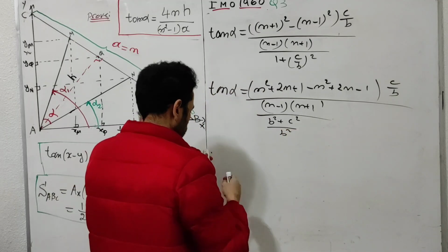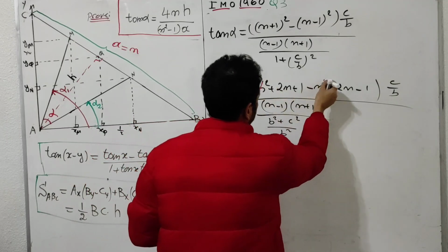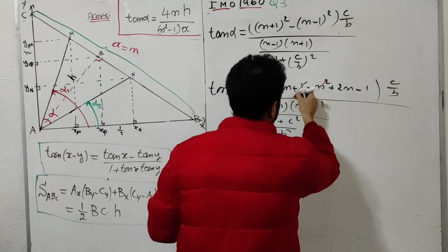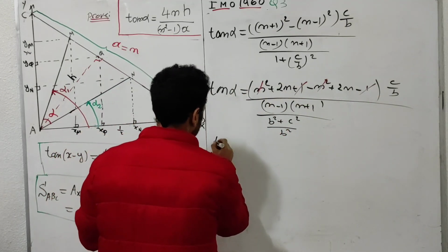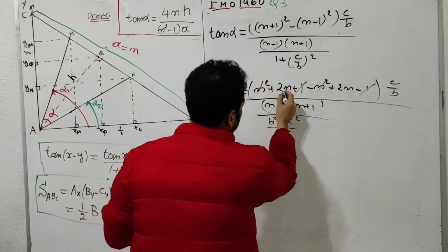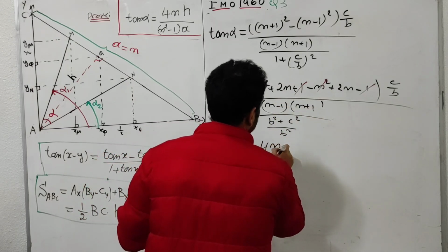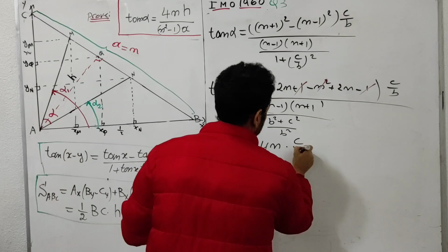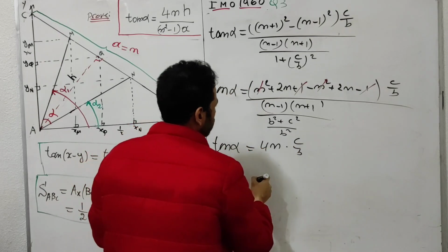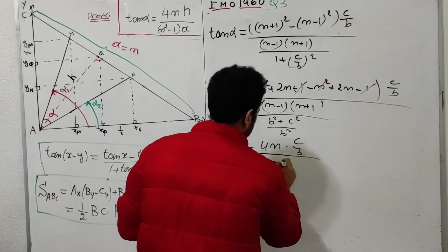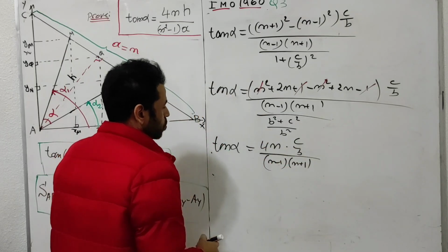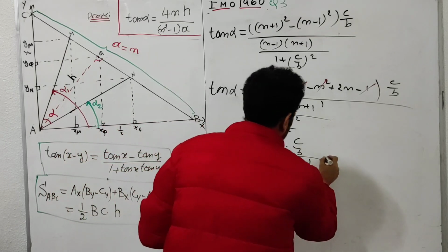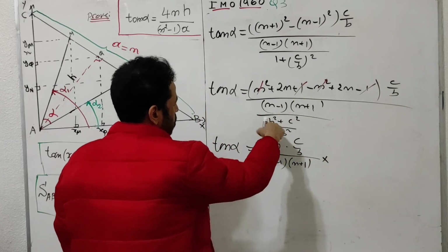Okay, so first, I'm going to cancel out n squared, and plus 1 and minus 1 cancel out. I will get tangent alpha equal to 4n multiplied by c over b, divided by n minus 1 multiplied by n plus 1, which is divided by the product n minus 1 and n plus 1. I'm going to take the reciprocal of this one.